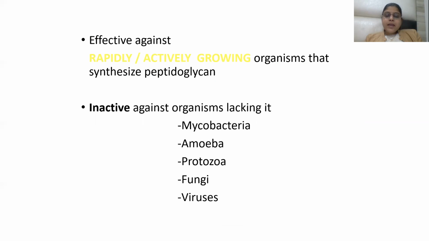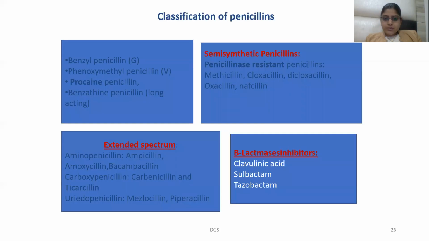Penicillins are effective against rapidly growing organisms that synthesize peptidoglycan, and not effective against organisms which lack peptidoglycan: mycobacteria, amoeba, protozoa, fungi, viruses.